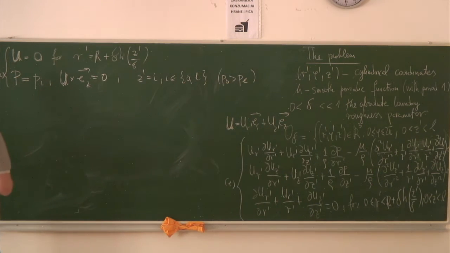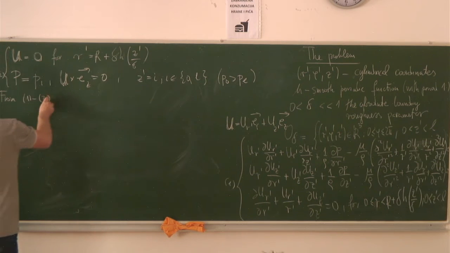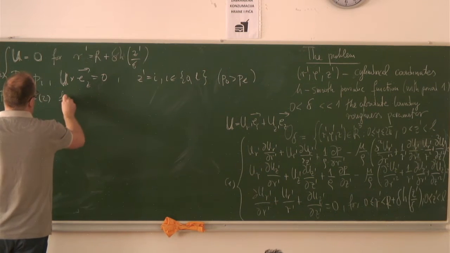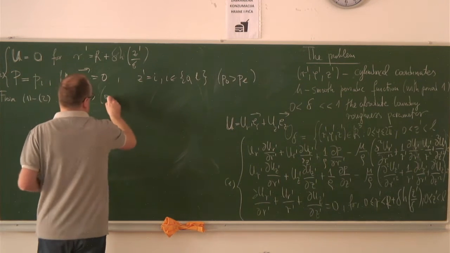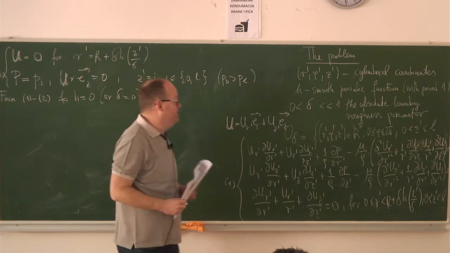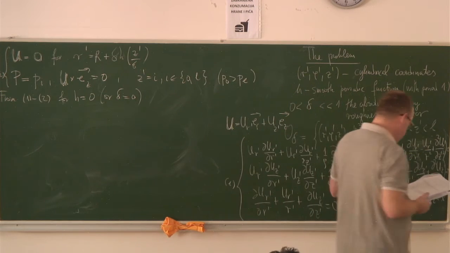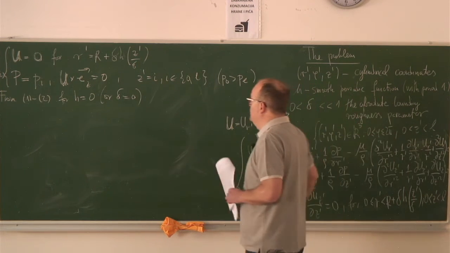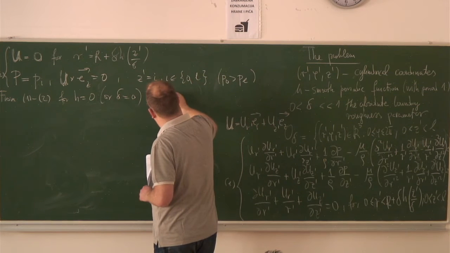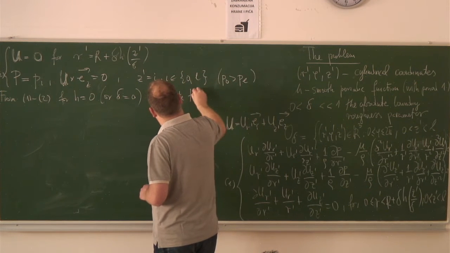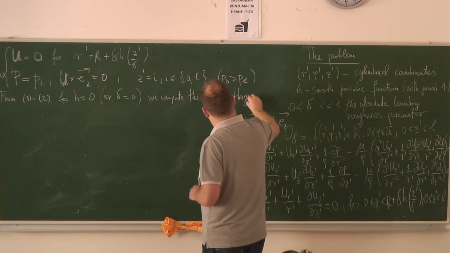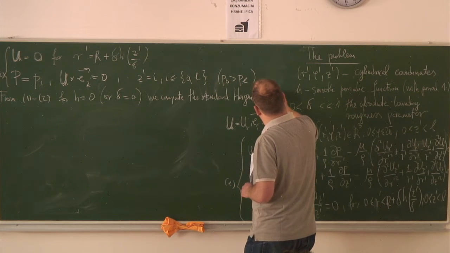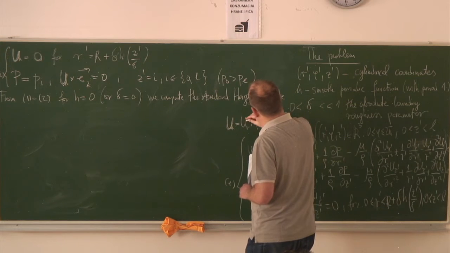So from 1, 2, for h equals 1, or we just put that the reference parameter equals 0, we compute the standard Hagen-Poiseuille velocity.